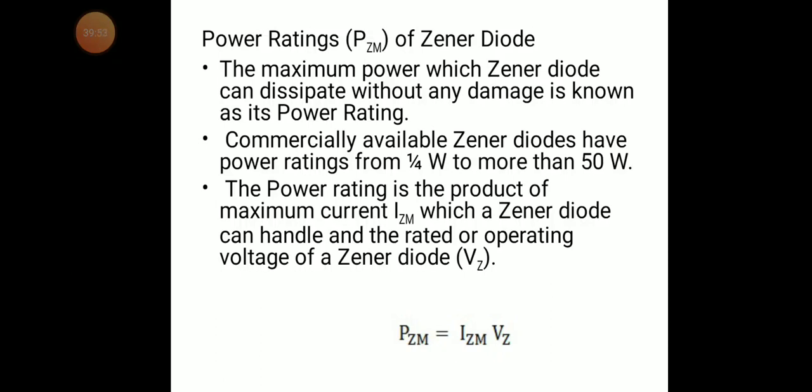Commercially available Zener diodes have power ratings from 1/4th watt, that is 0.25 watt, to more than 50 watts. Up to 50 watts we can use as a Zener diode.